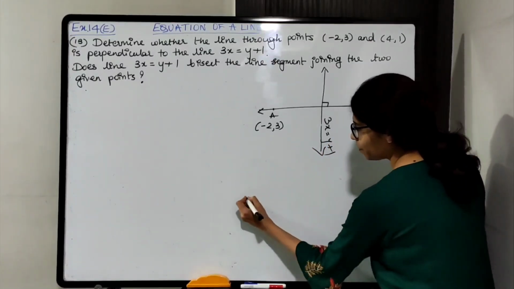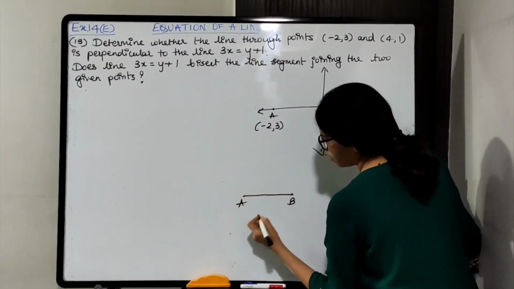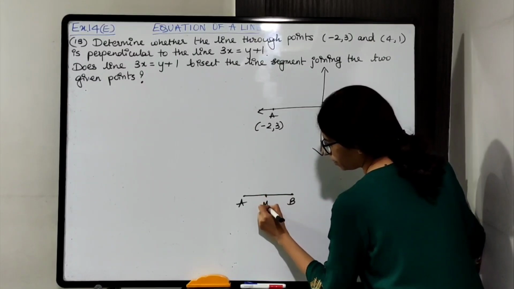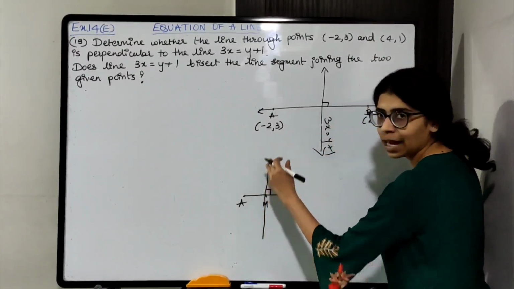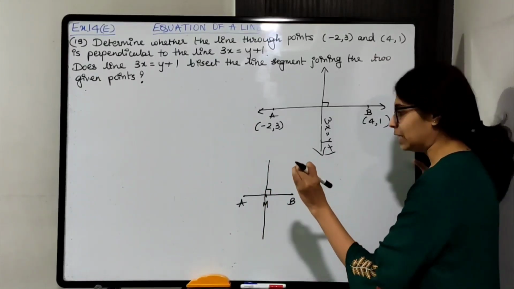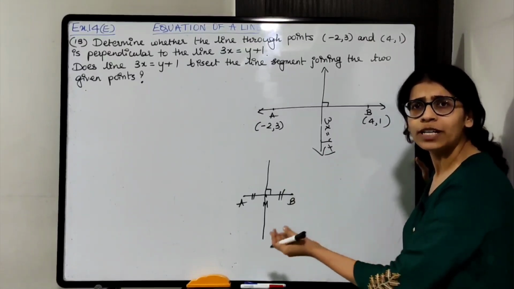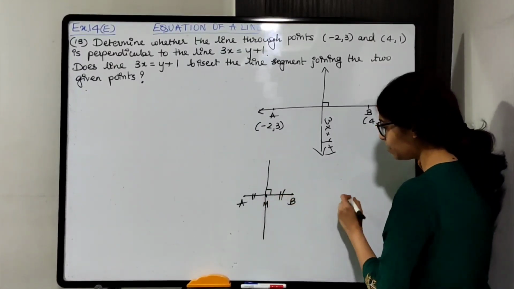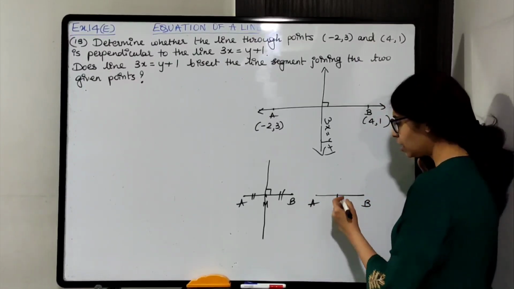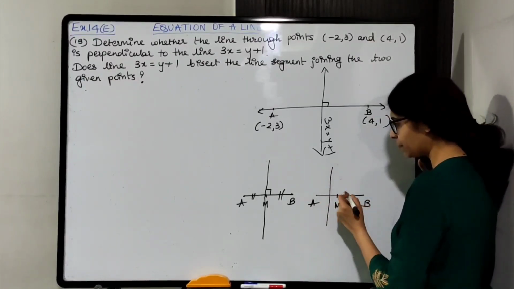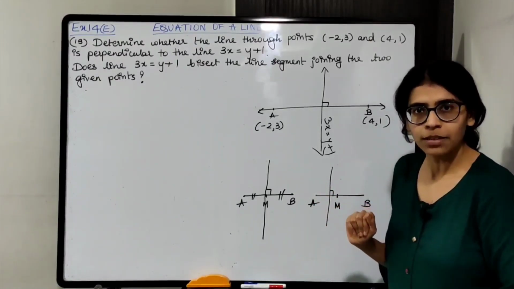So AB, let's say M is the midpoint. अगर मिडपॉइंट से पास हो रहा है ये परपेंडिकुलर लाइन, देन ओनली इट इज द बाइसेक्टर. अगर मिडपॉइंट से नहीं पास हो रहा है, M से नहीं पास हो रहा है, this is the midpoint. If it is passing from some other point, okay, then it is not the bisector, है ना.